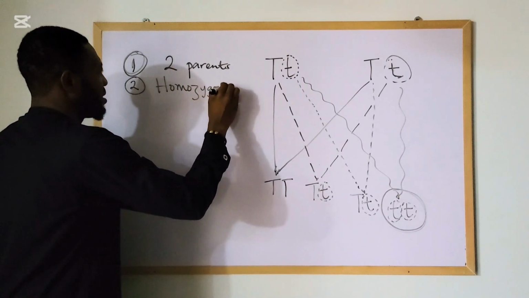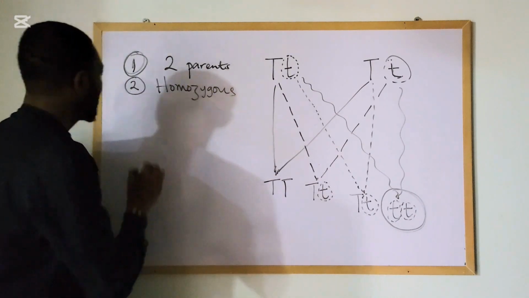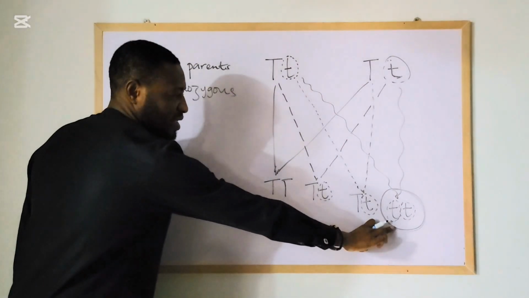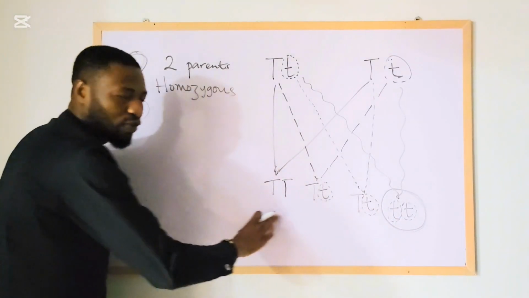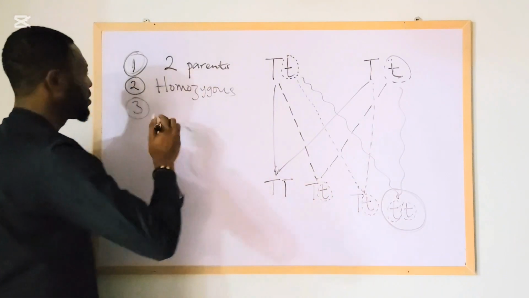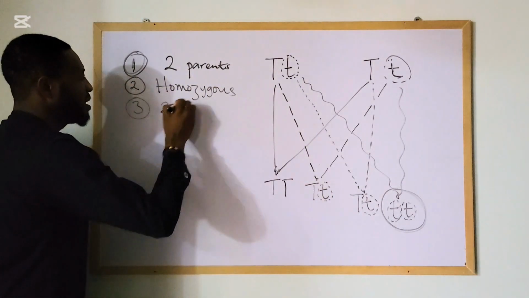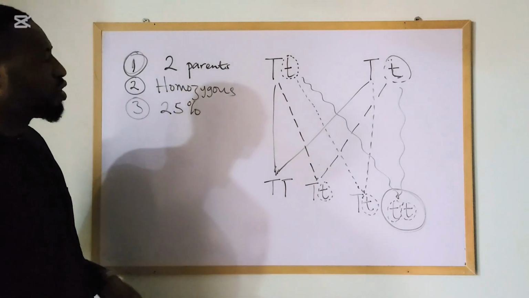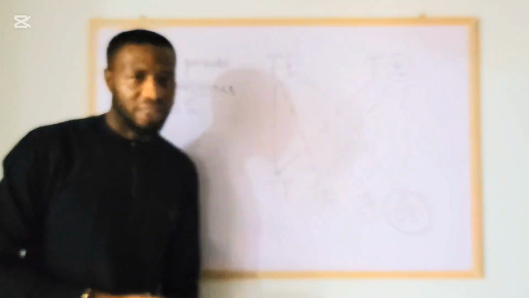And then the third is that there is a 25% chance, 1 in 4, for each of the offspring to come down with the disease.